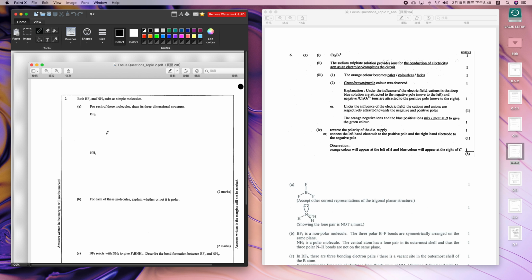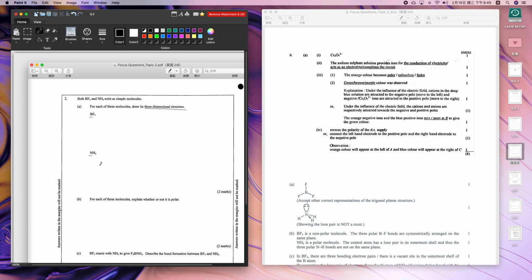In the second question, part A, we are asked to draw the three-dimensional structure of the molecule. In both cases, we have to consider the central atom first, boron, nitrogen.